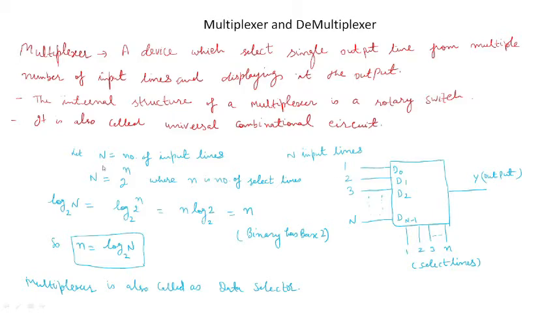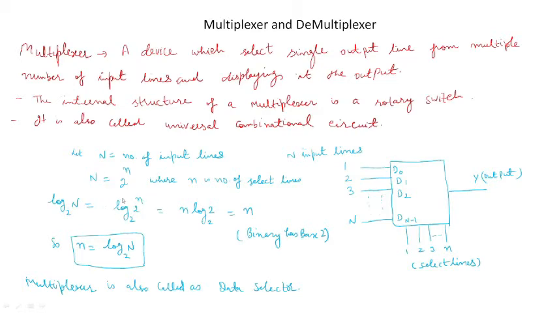So if capital N is the number of input lines, then we can write capital N equals 2 to the power small n, where small n is the number of select lines. Now if we take the log of this equation, then we can write log N equals log 2 to the power n.